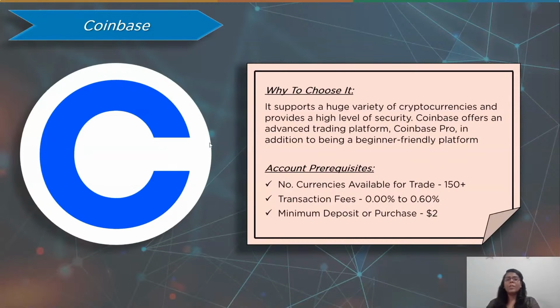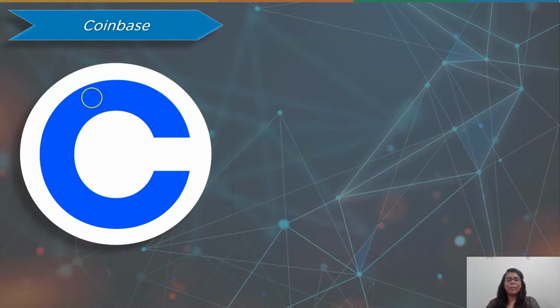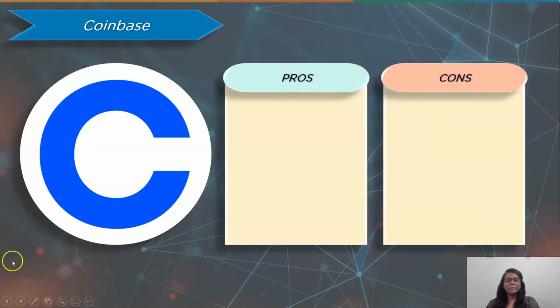So let's have a look at the account prerequisites for Coinbase. It supports more than 150 cryptos for trading with the transaction fee ranging between 0% to 0.60%. Also, the minimum deposit or purchase price should be at least $2. Now, let's have a look at its pros and cons. Coinbase offers a large volume of cryptocurrencies to trade.